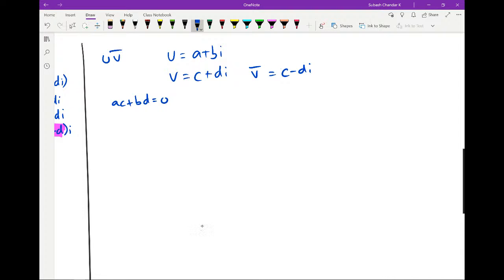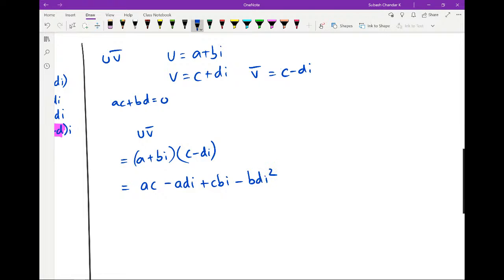So we're going to do U multiplied by the conjugate of V, which is A plus BI multiplied by C minus DI. Expand the brackets out, we're going to get AC minus ADI plus CBI minus BDI squared.